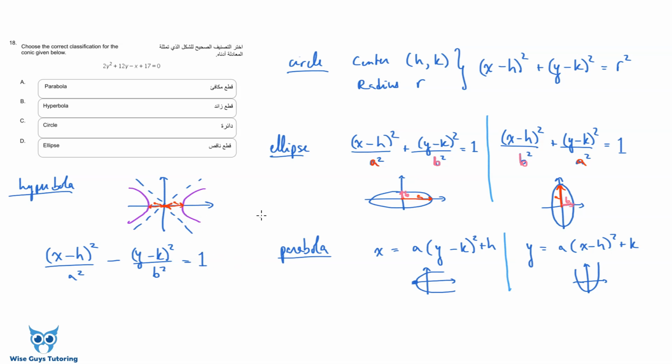Now again, this is the horizontal hyperbola, and as you can imagine, you can have another one. Maybe I'll just draw another graph here. So again, you put your asymptotes like this through the origin, and the equation for this hyperbola will be y minus k squared over a squared minus x minus h squared over b squared equals 1.